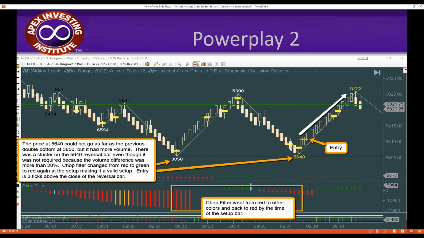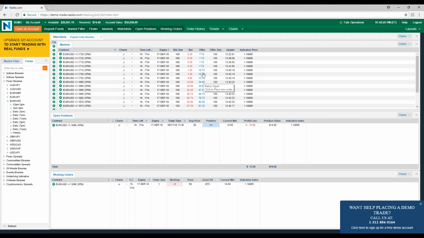I see the setup could potentially happen, and I'm seeing that potential turnaround. I'm going to first of all look at how big of a move I can possibly expect. Where's my level of resistance? What binary gives me the best bang for my buck with that type of a move?